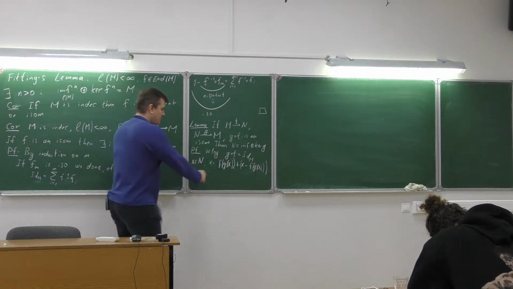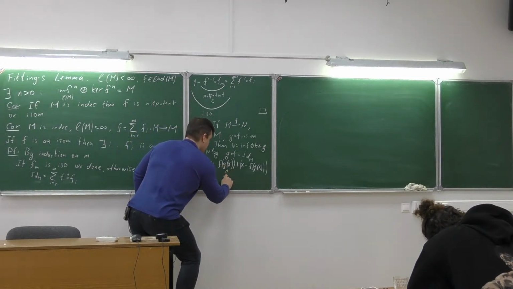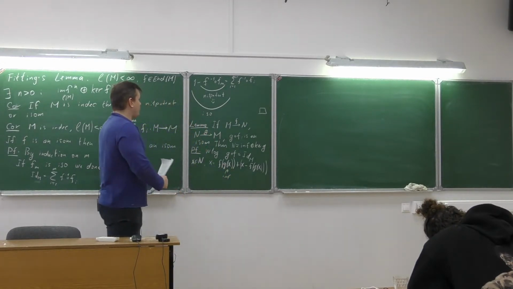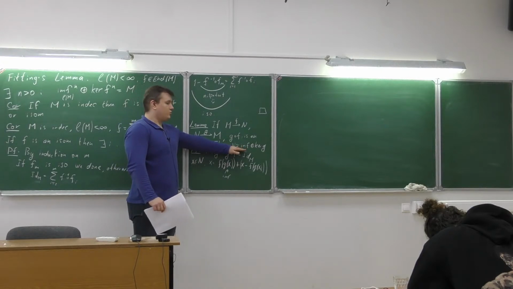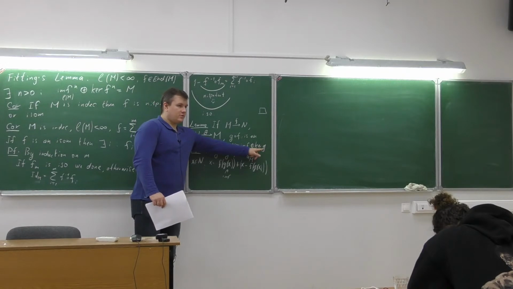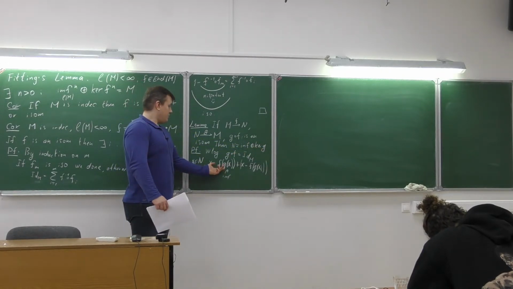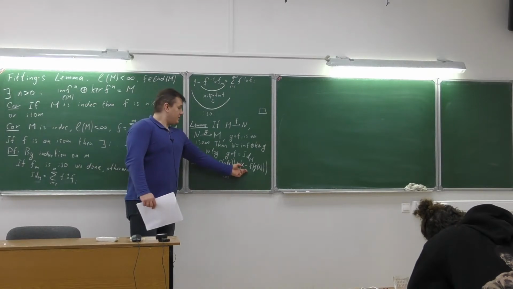But what we achieved here is that this first summand is in the image of the map F. So I want to show two things, right? That any element is a sum of two elements, one in the image, one in the kernel, and that the intersection is trivial.